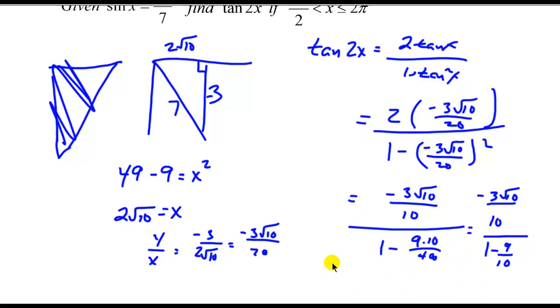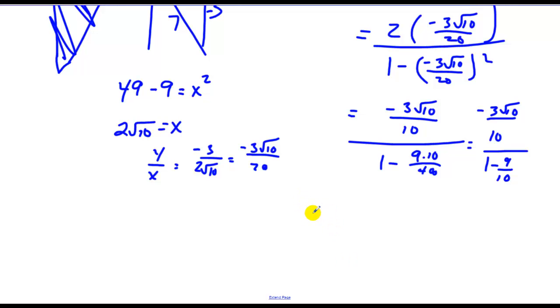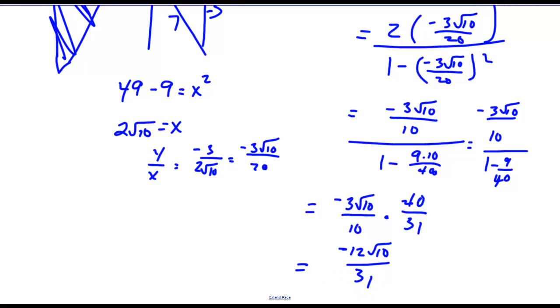And we can simplify that a little bit more. This is -3 root 10 over 10 times, this is 1 minus 9/40. Then we know that's going to be 31 over 40, multiplied by the reciprocal, so it's 40 over 31. And I end up with -12 root 10 over 31, and I'm done.